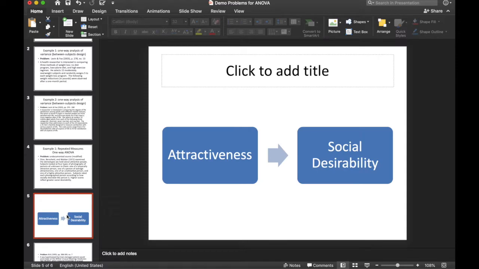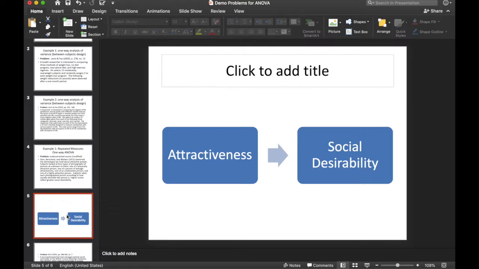So we will use repeated measures ANOVA, as the term suggests, because repeatedly the participants or the sample were asked about the social desirability of the photograph that they are looking at. They rated four times, one for each photograph, and hence the repeated measures aspect of that particular situation.